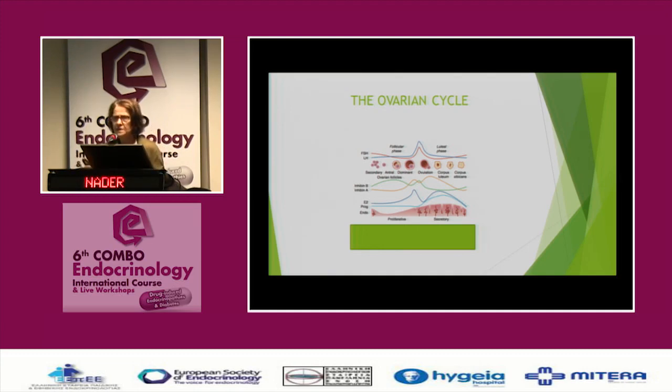The corpus luteum only has a limited lifespan, and in a non-pregnant female, it only hangs around for about 2 weeks. After that, it becomes less and less responsive to LH. It undergoes luteolysis, and the endometrium is no longer supported, and the woman has her menses. And this goes on time after time after time, unless it's interrupted by pregnancy or by illness.